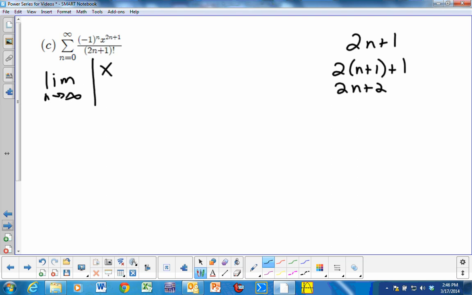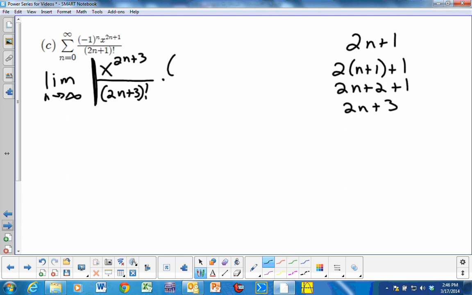So that's 2n plus 2 plus 1, or 2n plus 3. Okay, so that's what's going to happen. So we're going to have x to the 2n plus 3. 2n plus 1 factorial, same thing will happen. That's 2n plus 3 factorial. Again, I don't need to consider that for the ratio test because of the absolute value. Okay, it's not gone, but I don't need to worry about it. So I have the n plus 1 term now.